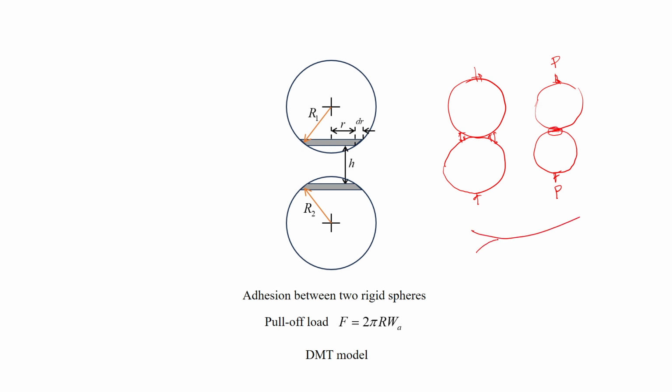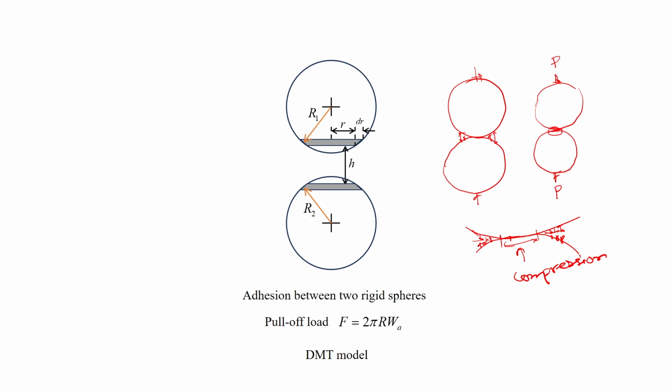To write it in a magnified image, in this region there is compression between them because of the Hertz pressure. However, within a certain distance there is attraction between them because of intermolecular interaction, the adhesion forces. So, what is the load required to separate these two spheres in this situation?